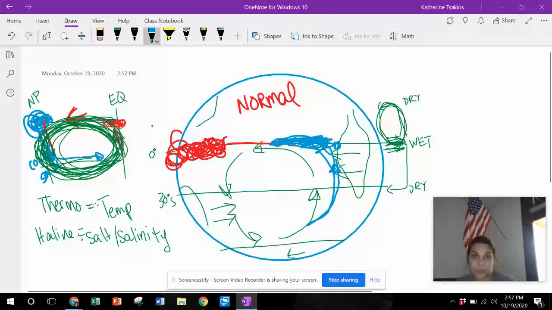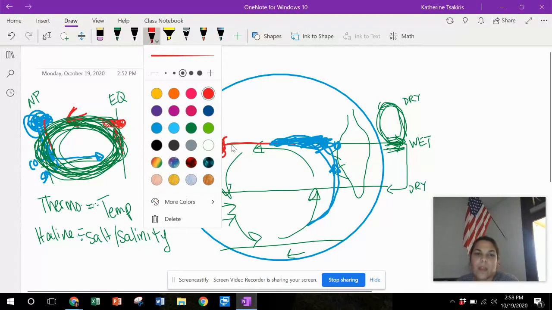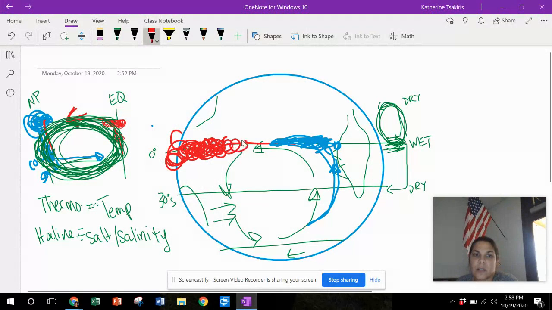So now, bringing it back to El Nino years, what happens is these winds over here are like, meh, I'm good, I'm not going to blow anymore. And so this warm surface water that was all blown over here starts to migrate back.